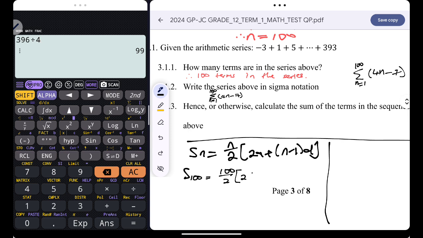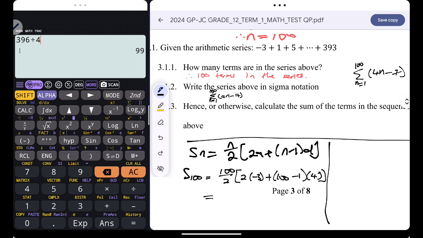The value of a is just equals to negative 3. And then I still have 100 over there, minus 1, multiplied by d. The value of d is 4.